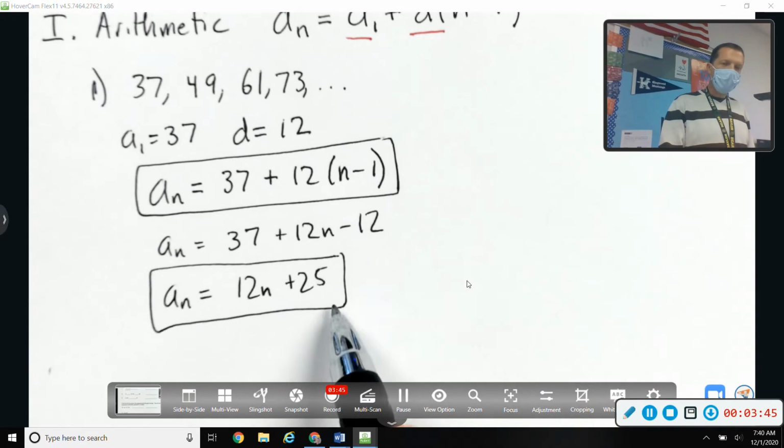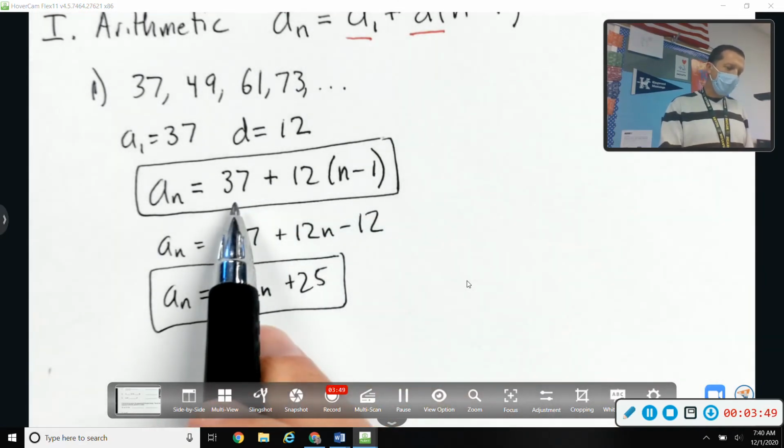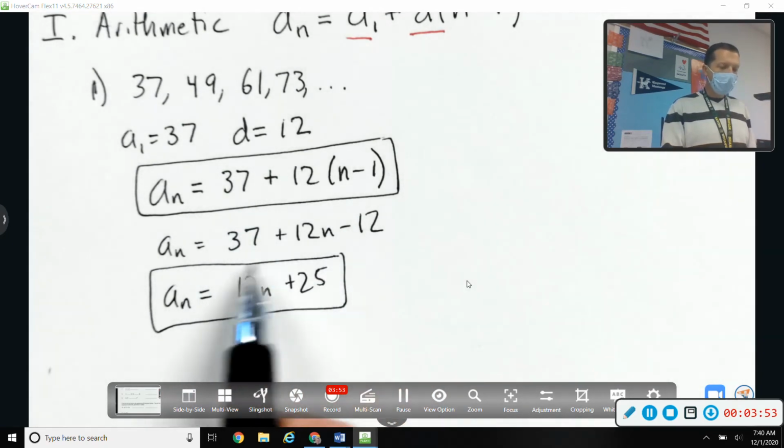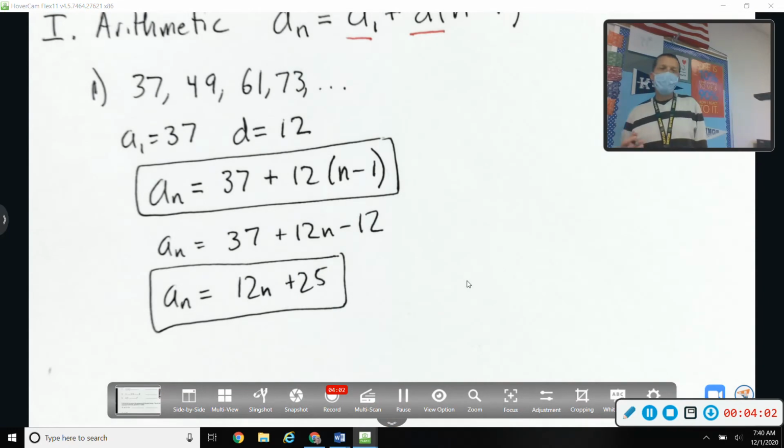This one looks simpler, but when you leave it like this, it's easy to see what A1 and D are. When you put it in this format, you've sort of lost A1. I guess you could still find D, but A1 is gone. And so all that to say, either one is fine. And in fact, on the key for today, I think I wrote both of them for all of them.